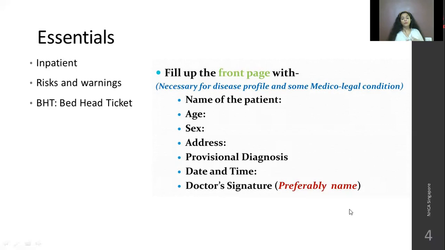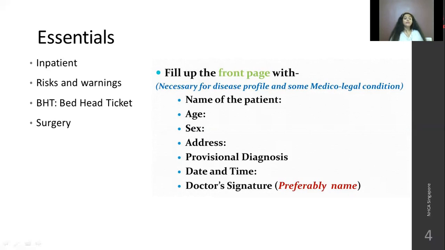Within 2 to 4 papers, all the information is there from the time when they got admitted, what complaints they had, what were the diagnosis, investigation, not all the investigations, key investigations which led to the identification of diagnosis. That kind of information concerns what all drugs have been given, what drugs they have to continue to take, what kind of diet they have to follow after discharge, etc. If within 3 to 4 pages it is written down or printed, it is given to the patient. That is the bed head ticket.